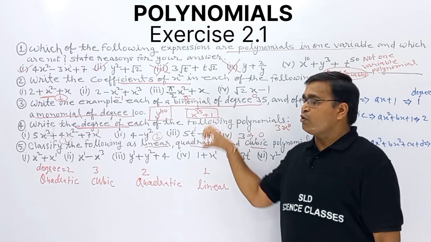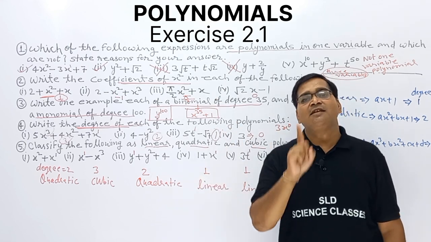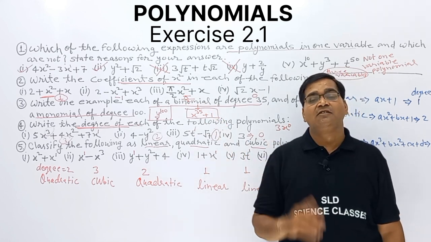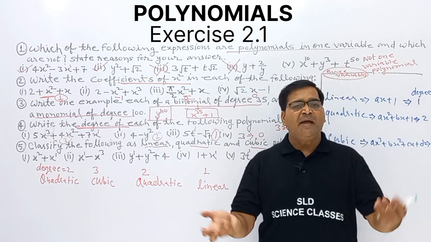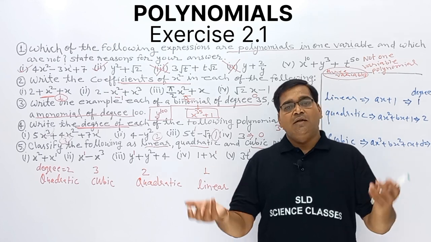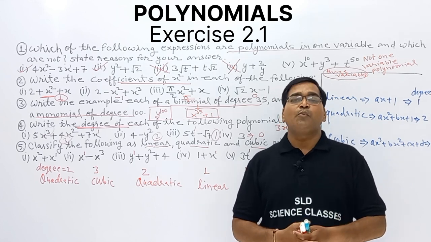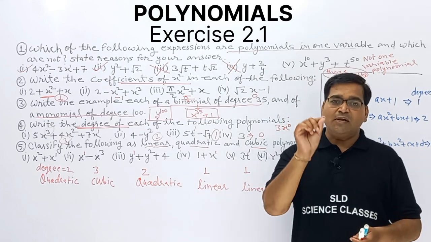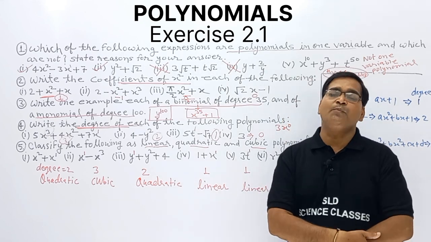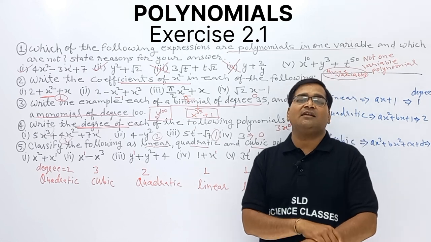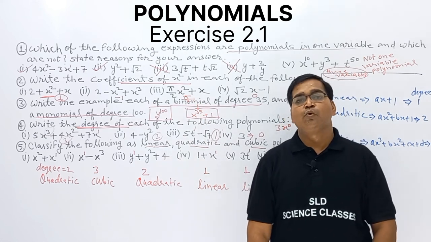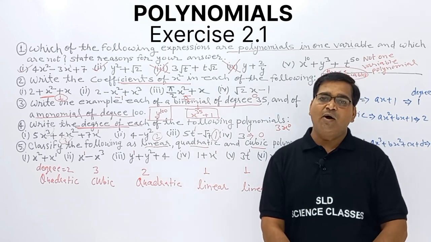For getting these solutions, once you revise the introduction class, then you can easily identify how to find the degree, how to identify the coefficient, and how to identify polynomials. So the introduction of polynomials is a very important class. You can revise that class and then try all these questions of exercise 2.1. That's all about this class.